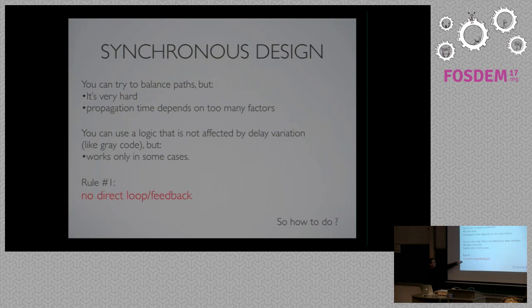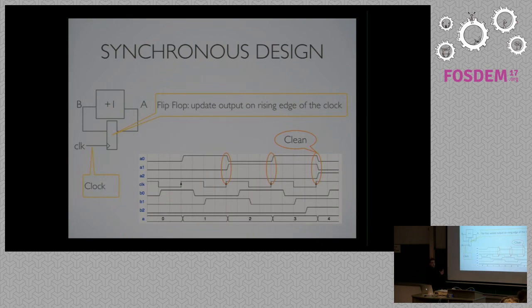The way to solve that is to use what we call a register, a memorizing element, which needs a clock. This particular gate, which we call a flip-flop, will memorize the input and will reflect the input only at some times, when the clock is active.